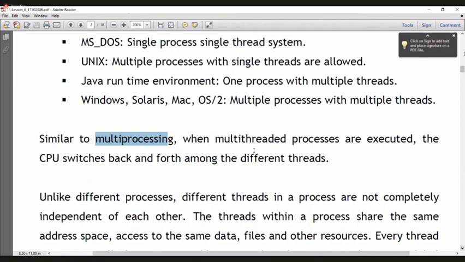The CPU switches back and forth among the different threads. So when you are running multi-thread, inside the CPU you can run only one thread at a time if you have one CPU. So one thread at a time, then the CPU switches back and forth among the different threads.